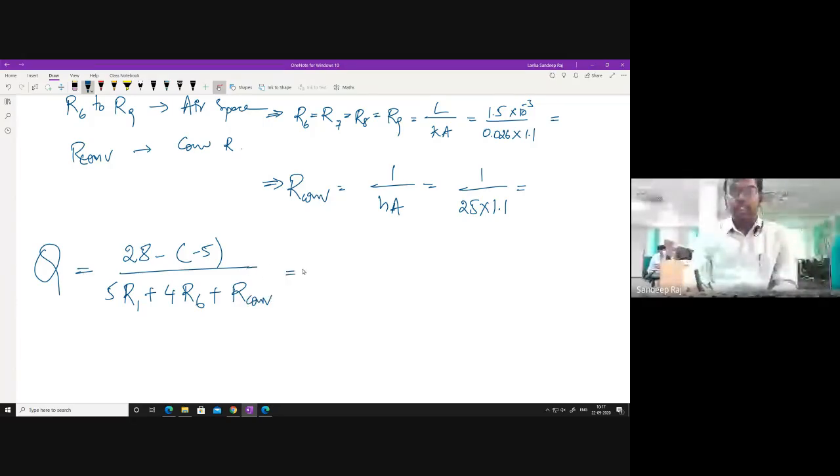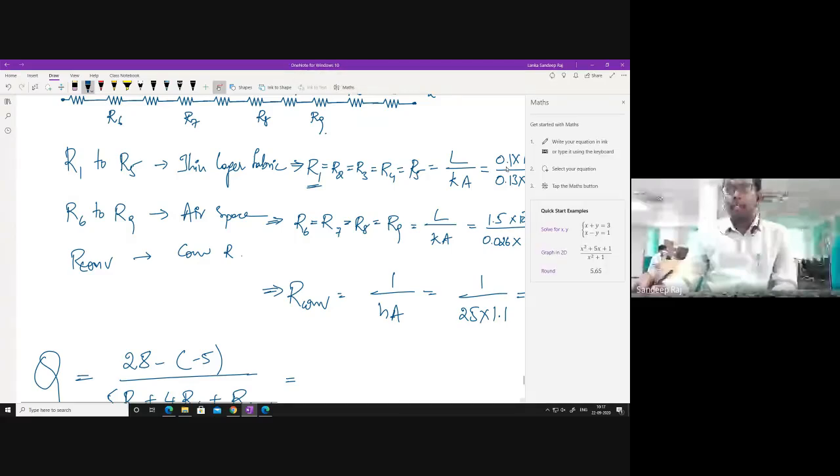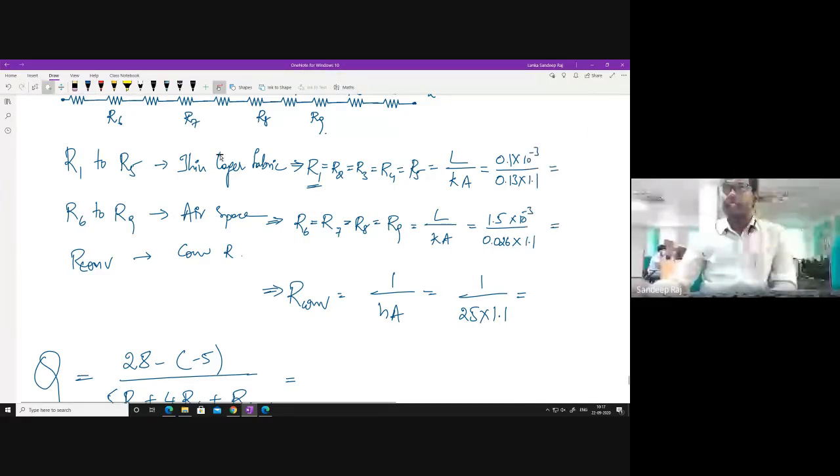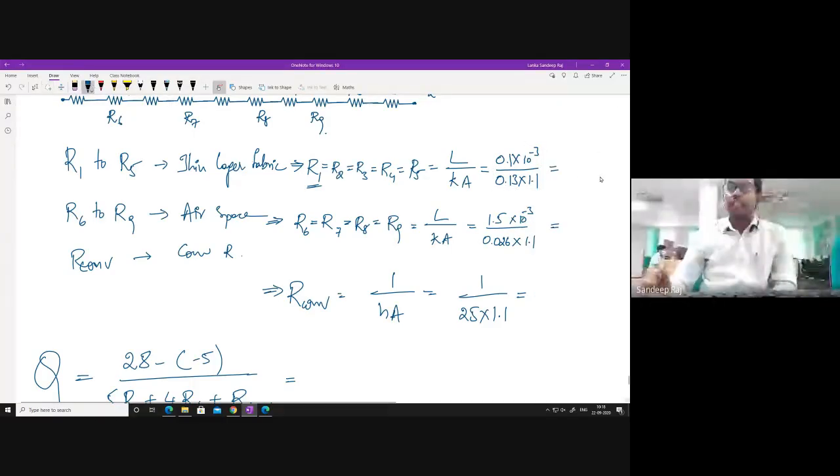So somebody tell me these values. Did you calculate? Sir, R1 is 6.9 into 10 to the power of minus 4 Kelvin per watt.